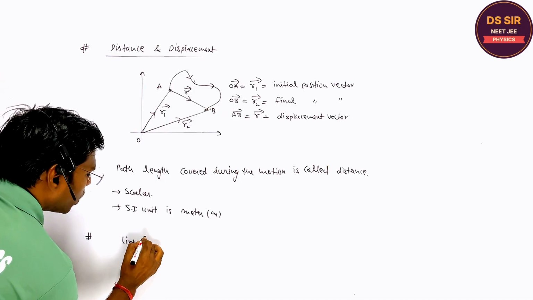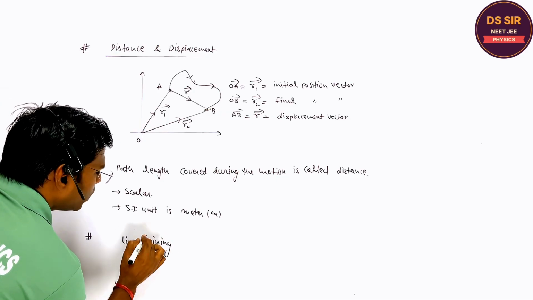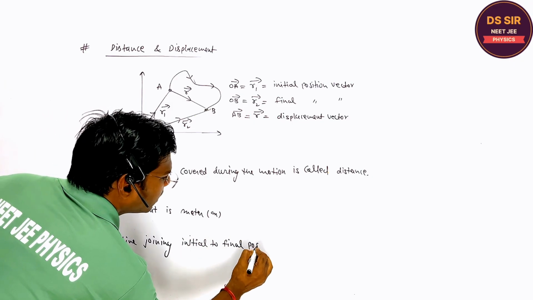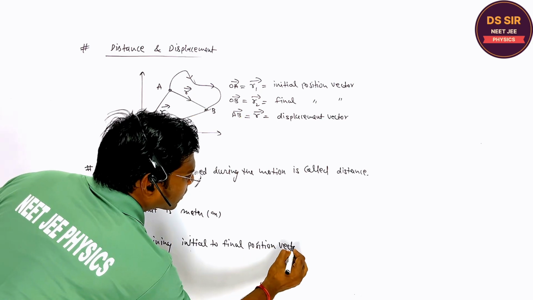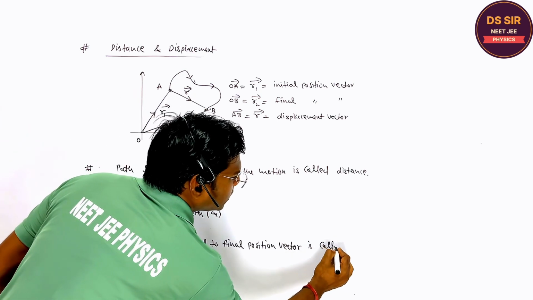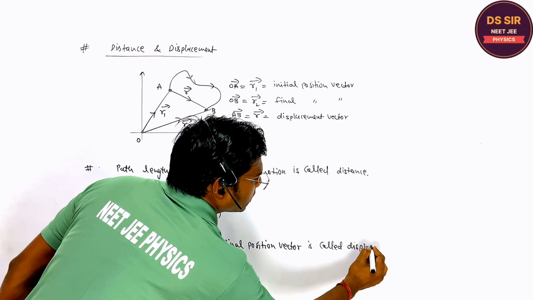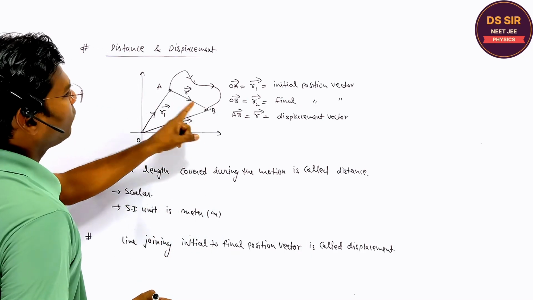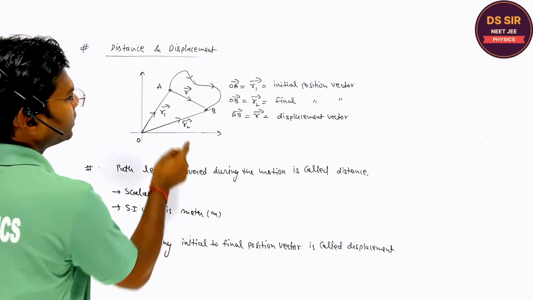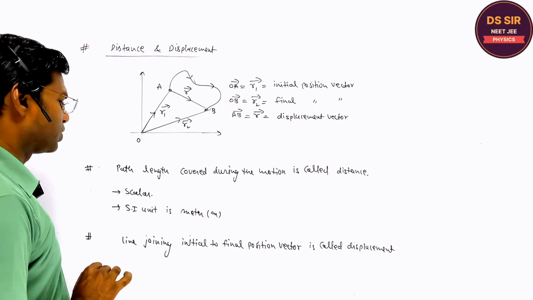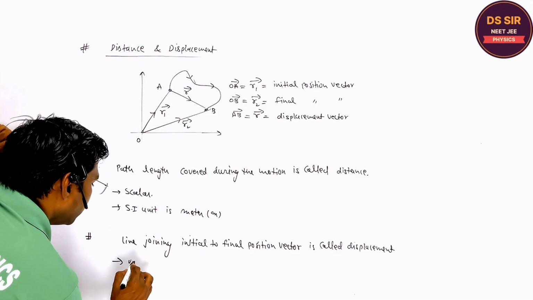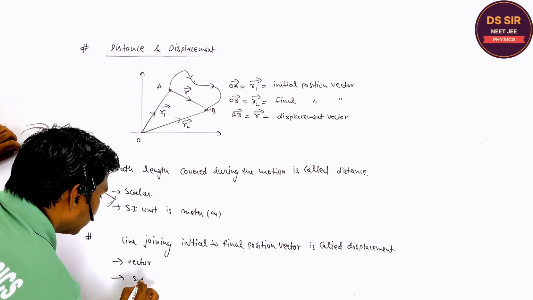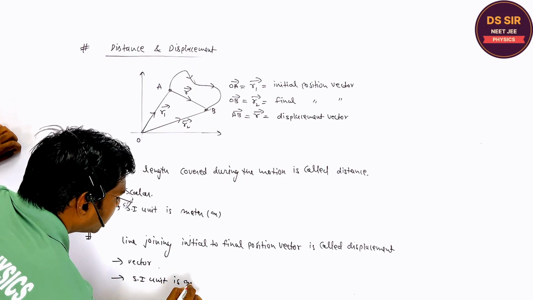Here AB is the displacement, or you can say the shortest distance between initial and final position is called the displacement. It is a vector quantity, and the SI unit again is meter.